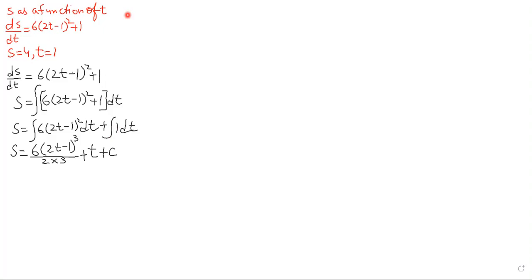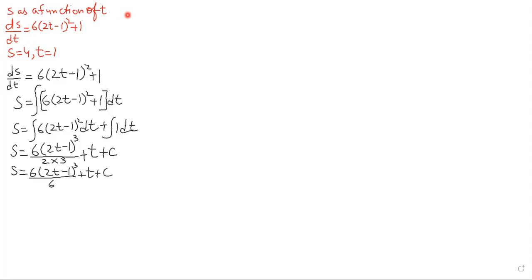This is my working till this point. So let's simplify it. S equals 6 times (2t minus 1) whole cube over 6 plus t plus c.